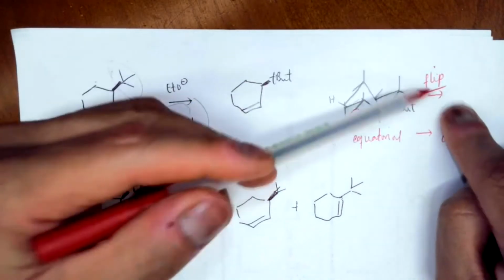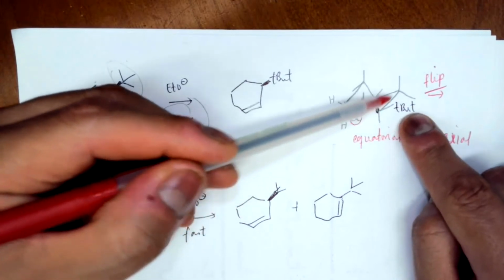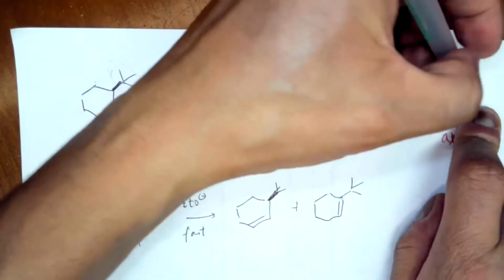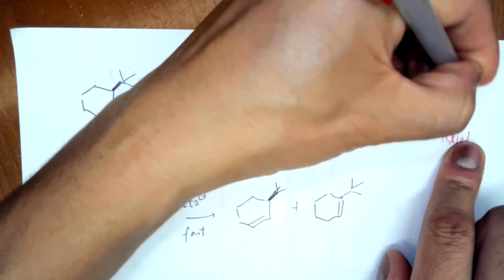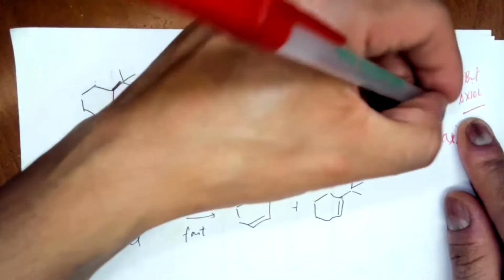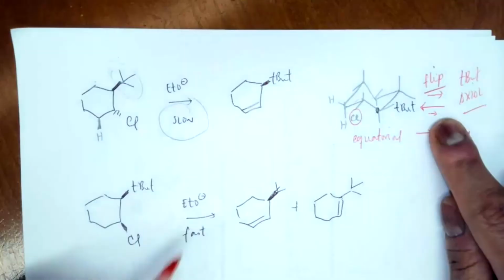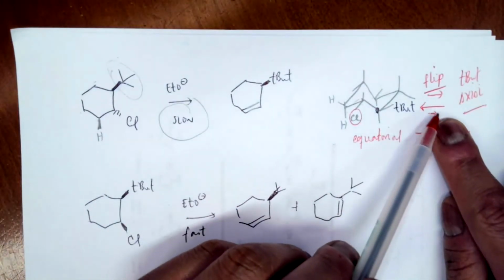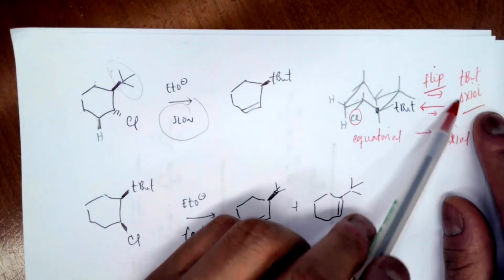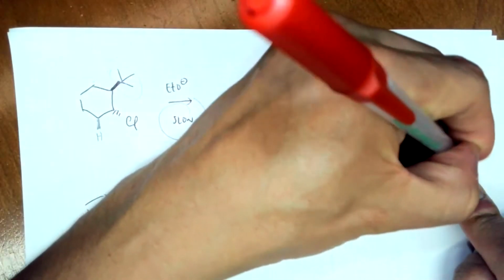It should be okay. Yes, but remember that the flipping is also going to flip your tert-butyl. The tert-butyl here is equatorial. If you flip it, the tert-butyl is going to be axial. And tert-butyl axial is the worst. It will be like an arrow this way, this is small, and then this way, that big. So it's going to be a very small percentage. 0.001% is going to be in the flipped chair, which is what you need for the E2 reaction.